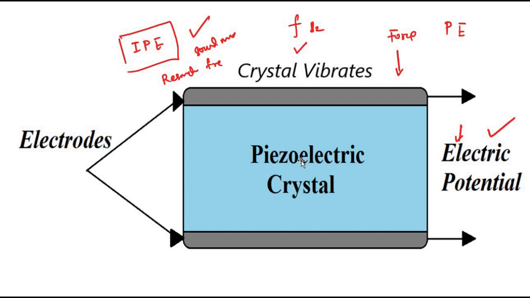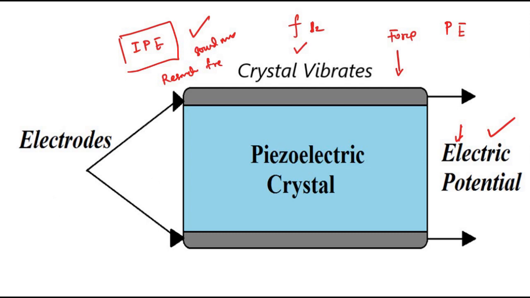So both inverse piezoelectric effect and piezoelectric effect are used. Inverse piezoelectric effect is used to generate the sound wave, and piezoelectric effect is used to detect the reflected sound wave from the piston.